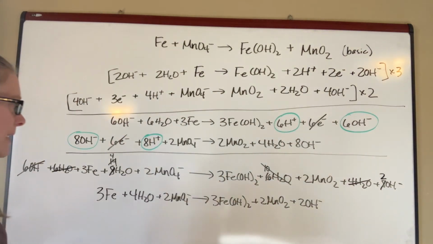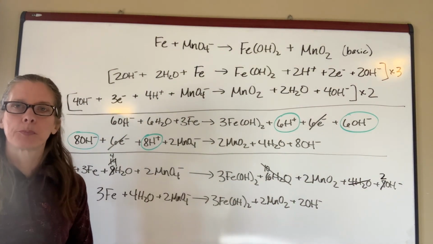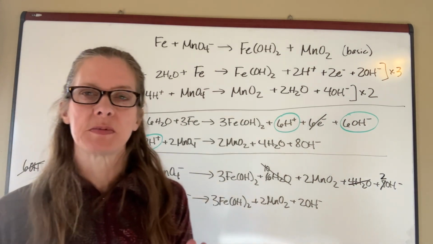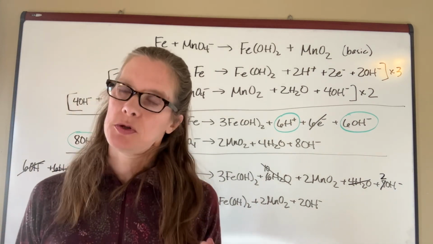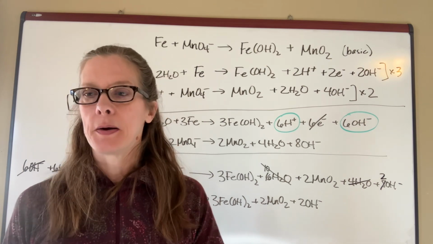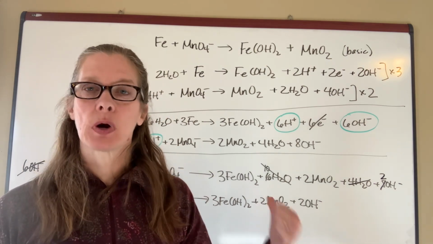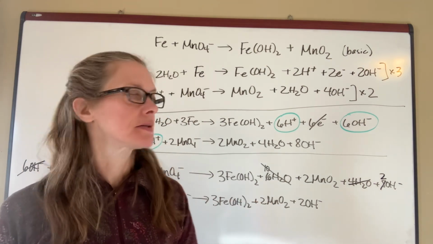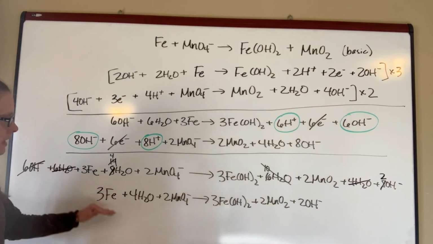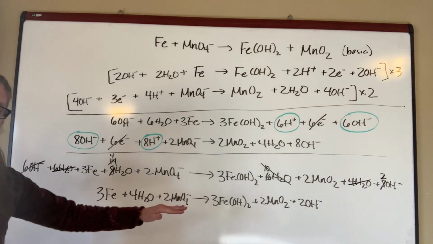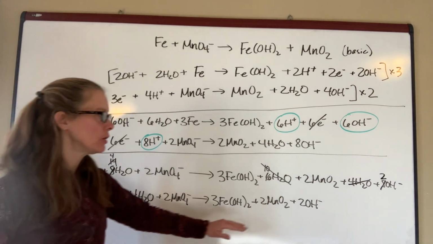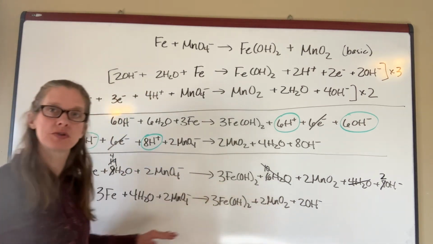Yay, everything is balanced. Now, places where students commonly make mistakes, places where teachers commonly make mistakes, because I have done this. In fact, when I worked this problem the first time, you need to be sure that you cancel out everything on the bottom. You don't want hydroxides on both sides of the equation.